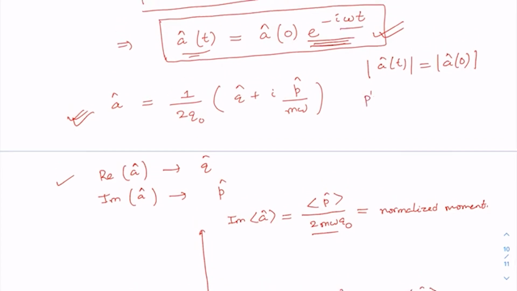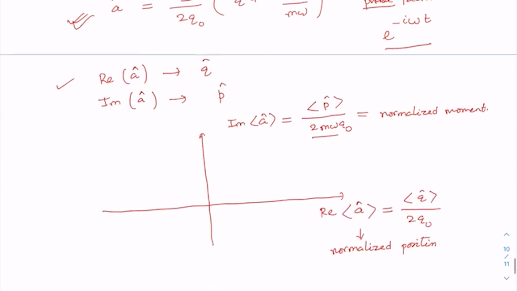The phase factor is e^(−iωt), and this phase varies linearly in time and rotates.